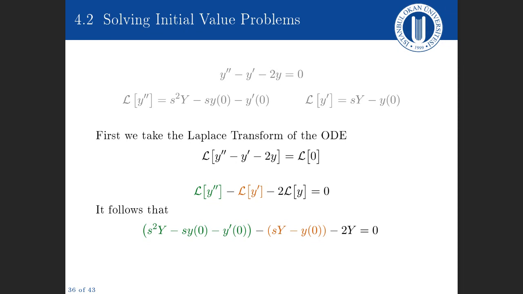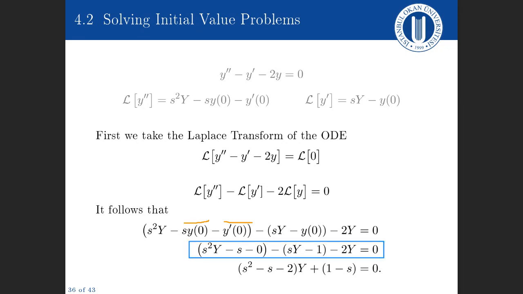At this point, we put the initial conditions in. y of 0 was 1 and y prime of 0 was 0. So this just simplifies to s squared capital Y minus s minus 0 minus s capital Y minus 1 minus 2Y is 0.